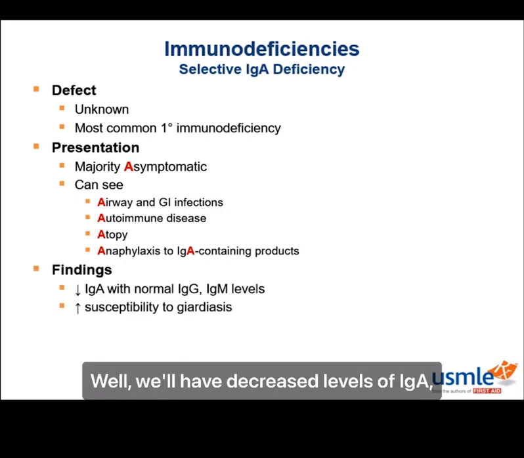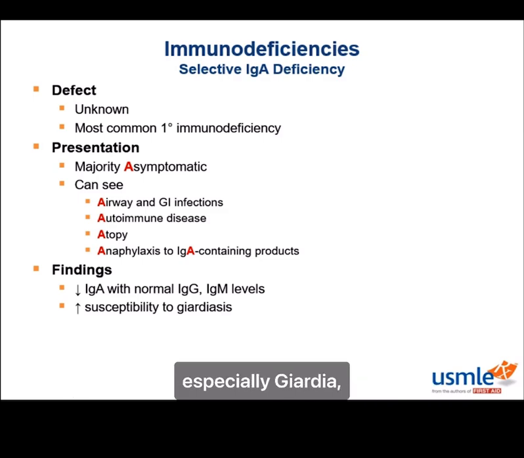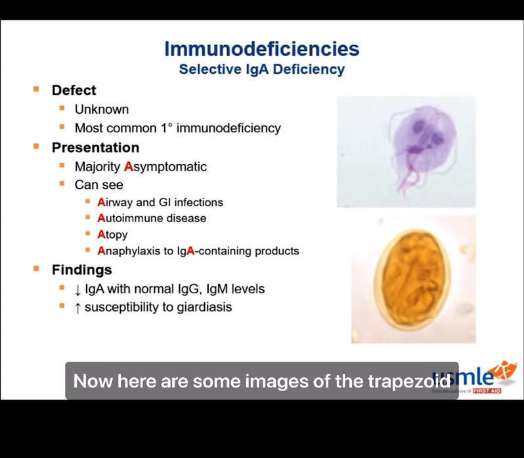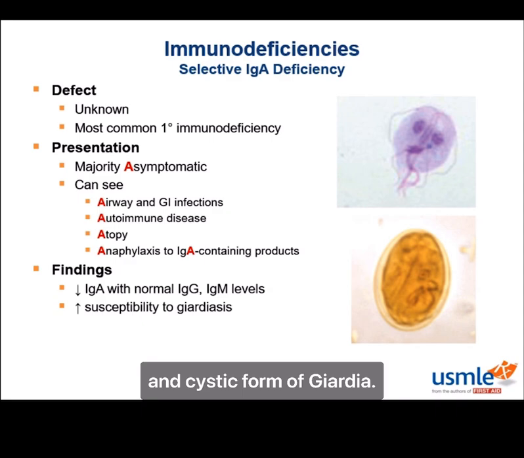Well, we'll have decreased levels of IgA, but we'll have normal IgG and IgM levels. Now, since IgA is produced in the GI tract and protects against gut infections, especially Giardia, patients with IgA deficiency will have increased susceptibility to giardiasis.